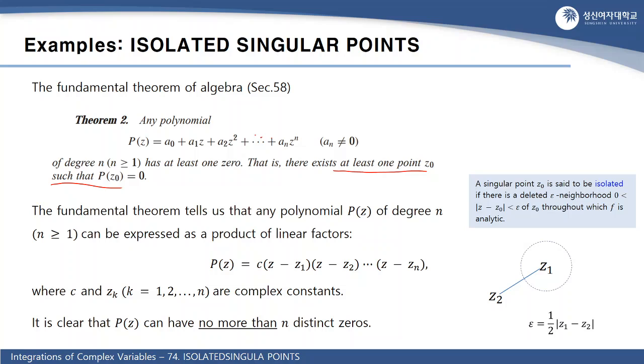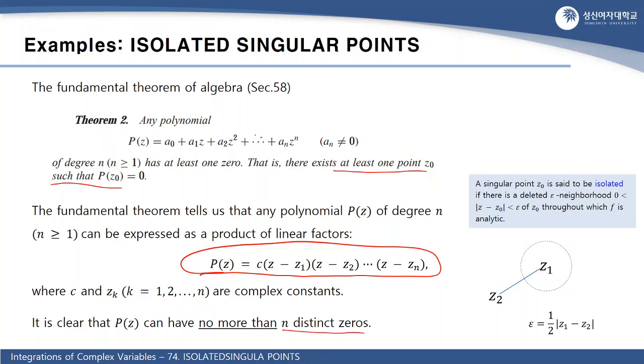The fundamental theorem tells us that any polynomial p(z) of degree n, here n is assumed to be greater than or equal to 1, can be expressed as a product of linear factors like this, where c and zk are complex constants. It is clear that p(z) can have no more than n distinct zeros.